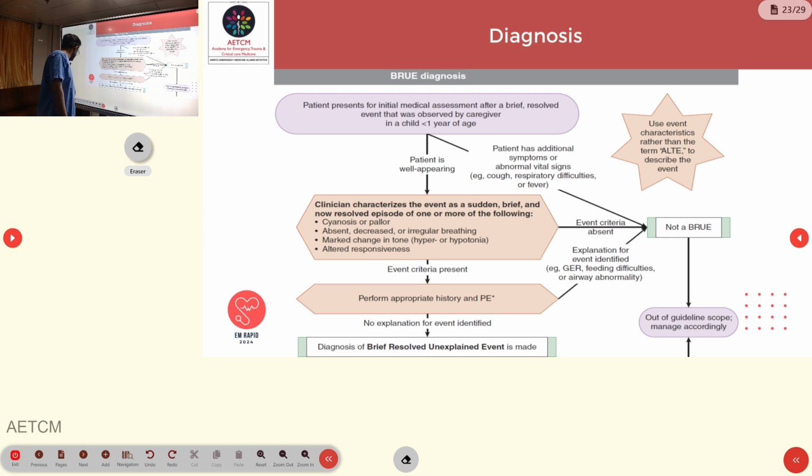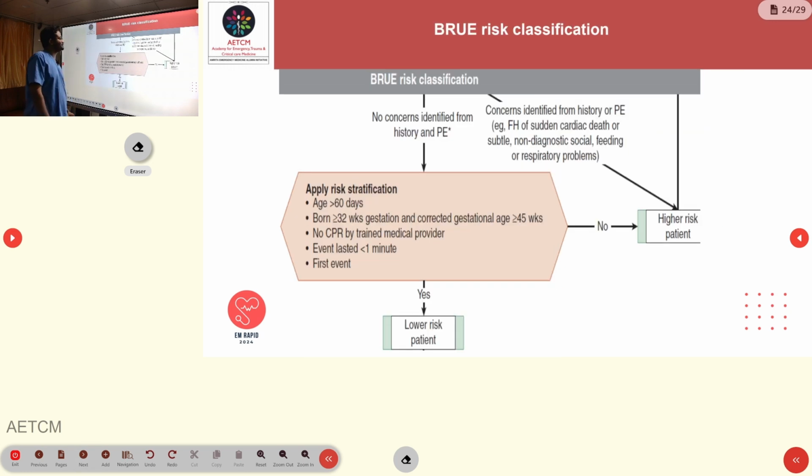And further, after diagnosing BRUE, we will classify the BRUE as higher risk or lower risk. If the patient has a family history of sudden cardiac death, or feeding or respiratory problems, we will classify the child as a higher risk patient.